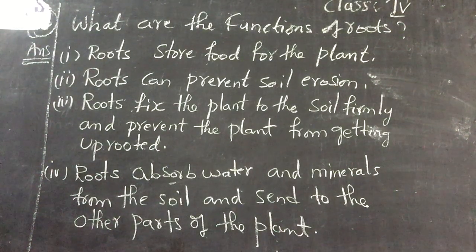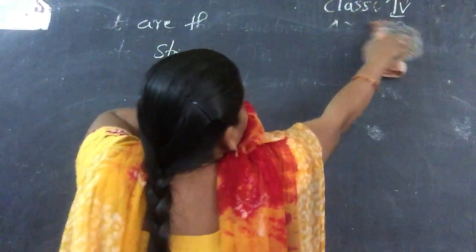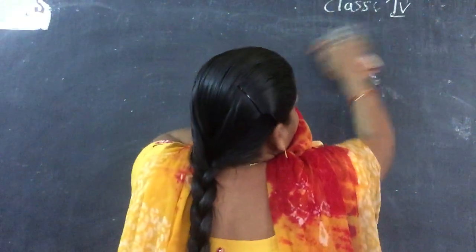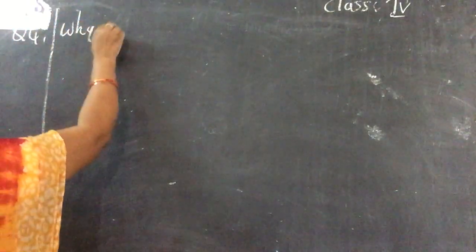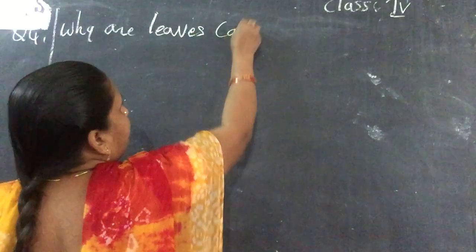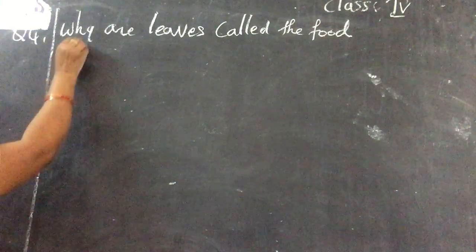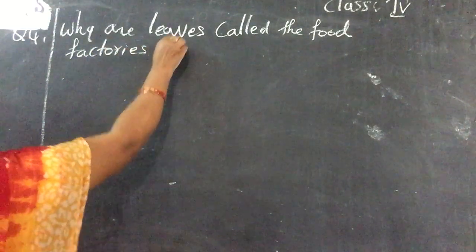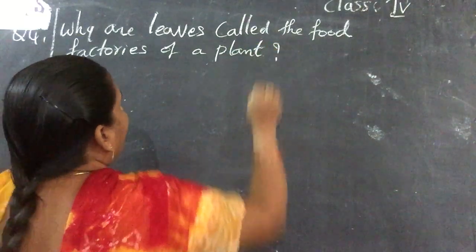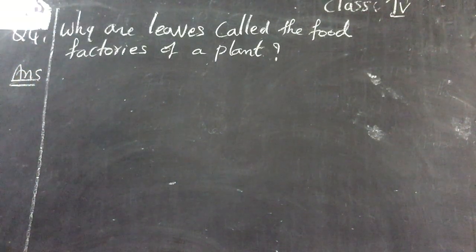Next, question number 4: Why are leaves called the food factories of a plant? Now write down the answer.